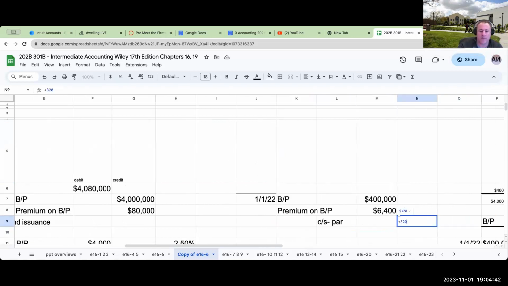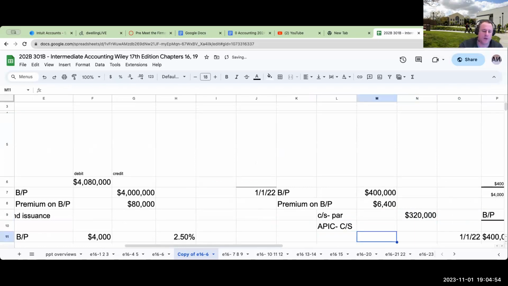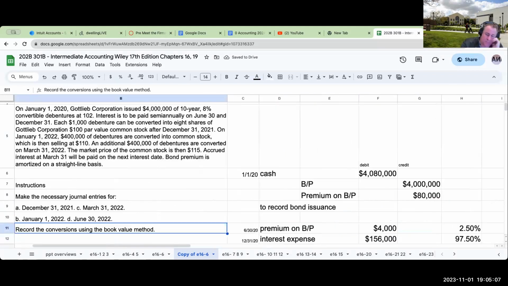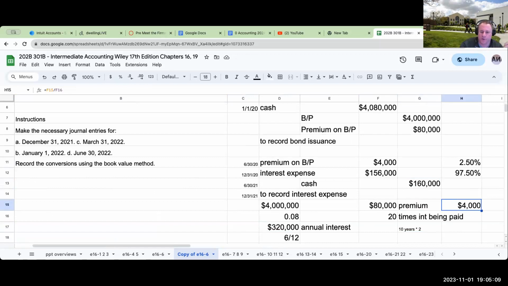So we've got 3,200 shares of common stock at 100 per share, or a total of 320,000. Over here, crediting additional paid-in capital common stock, which is going to be my plug or my balancing to record bond conversion. Okay, so we're looking good so far.